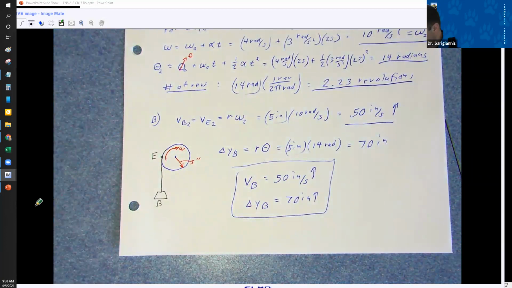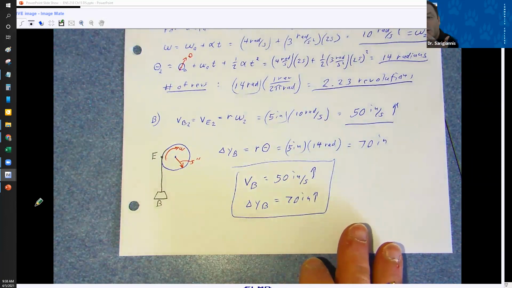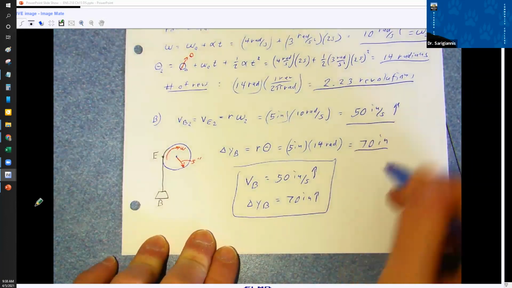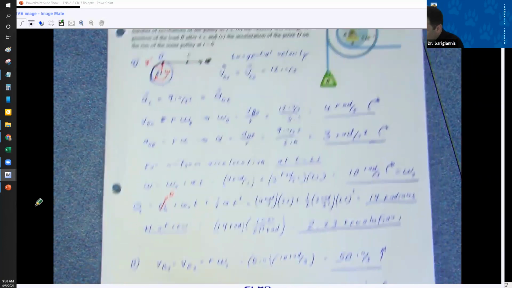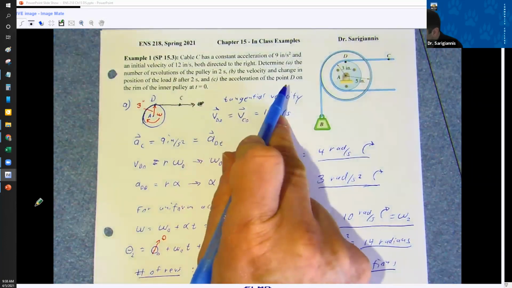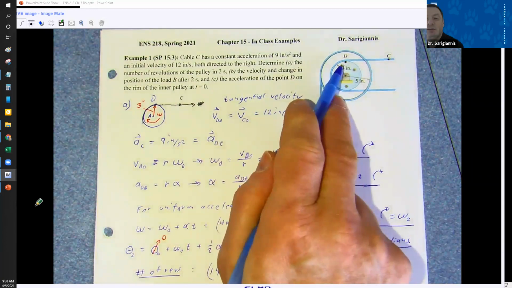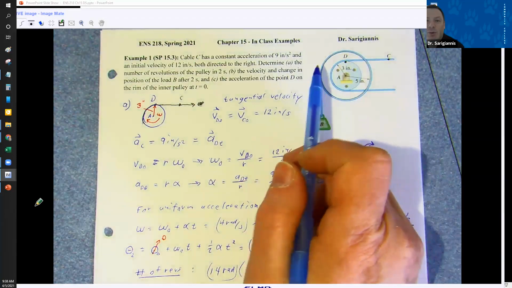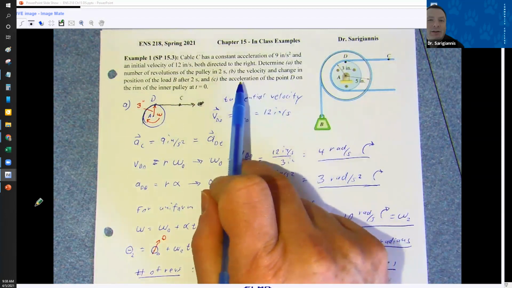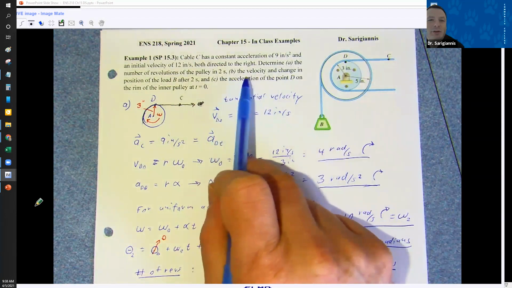The last part here, are there any questions so far? Let me go back up here. Acceleration of the point D on the rim of the inner pulley at time equals 0. We did that, but we want to know the velocity change.